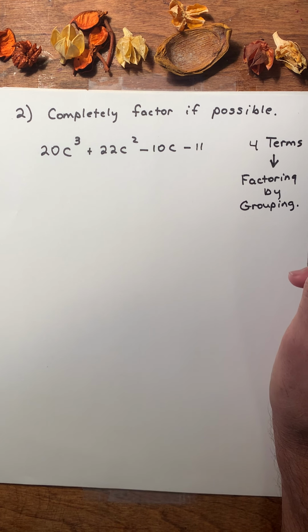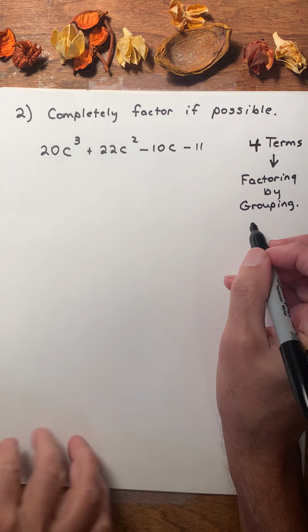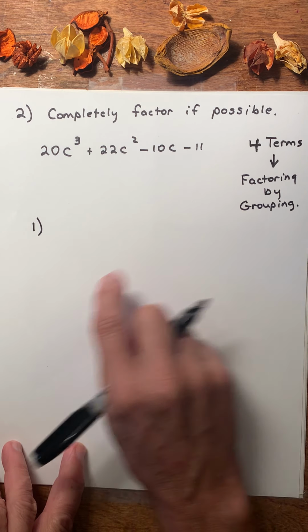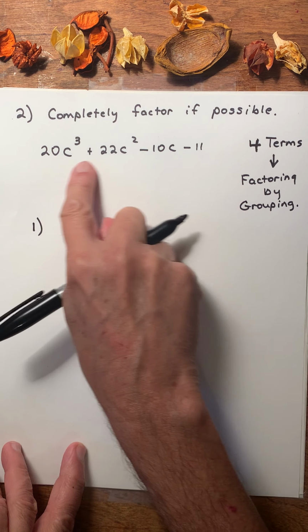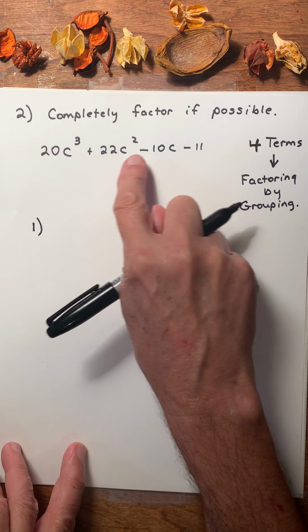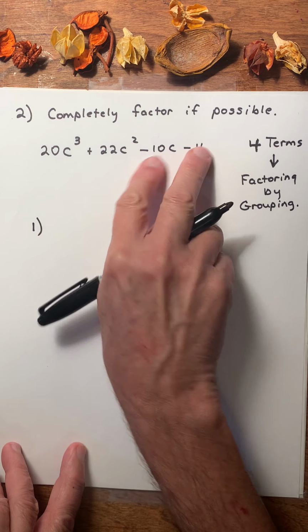If you've watched the video, hopefully you have, we've gone over factoring by grouping, but I'll do it again here. First step, group your terms. That's why it's called factoring by grouping. Group them according to what they have in common. Now you can always just group them as they naturally appear. First two together, second two together.